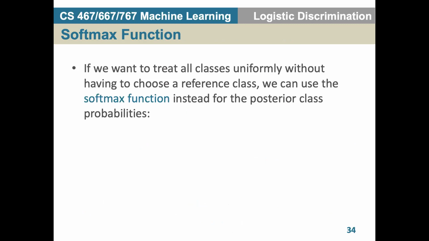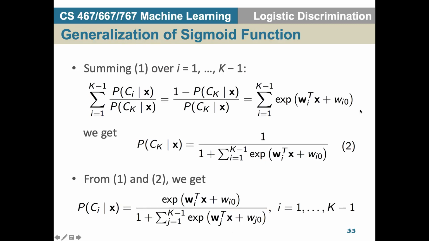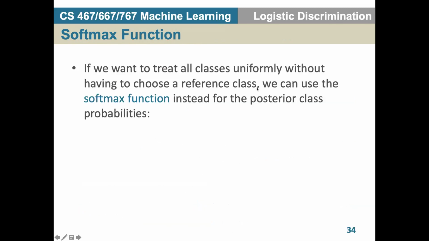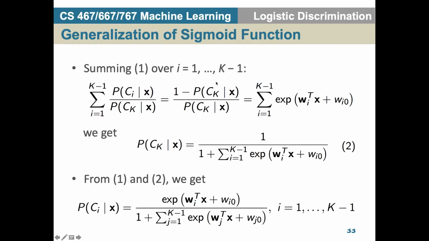So here we are treating pk as a reference class. If we want to treat all classes uniformly without having to choose a reference class, then we will get a softmax function. So what we are saying is that if you look at here, we are saying this term is a score, you can generalize it to wk transpose times x plus wk.